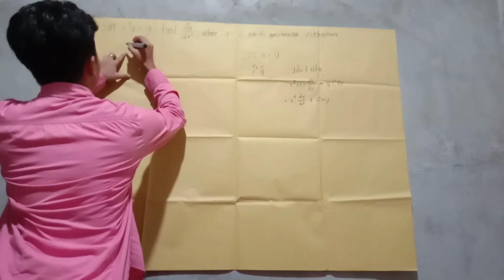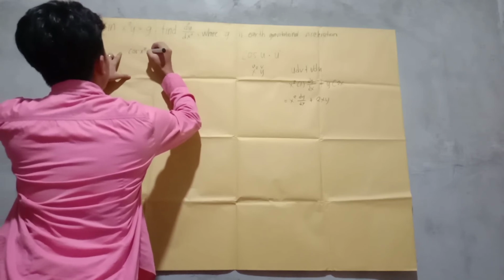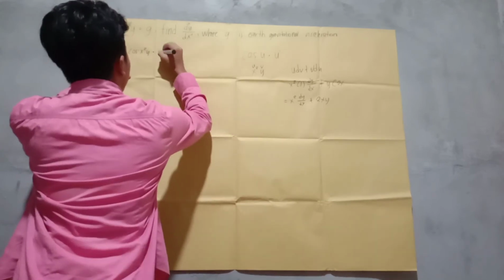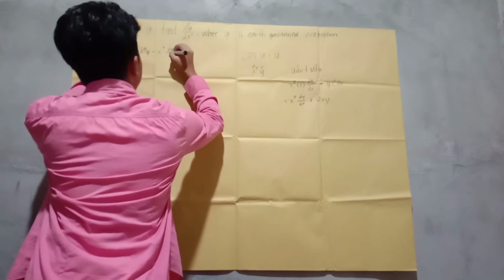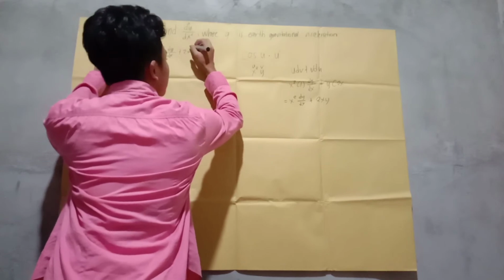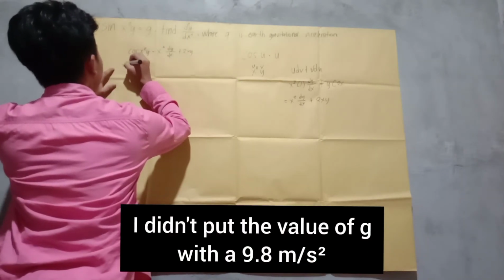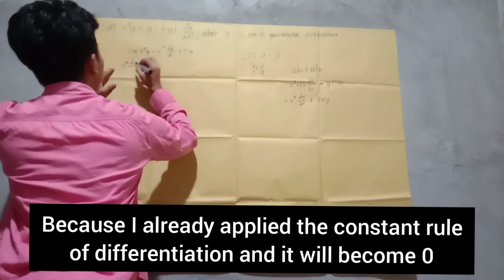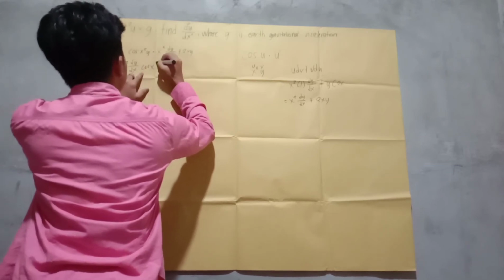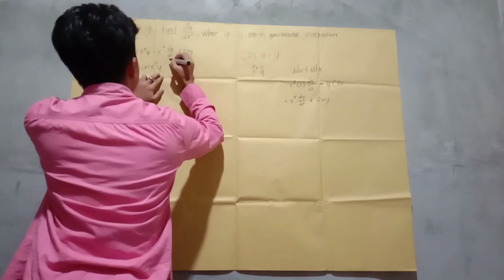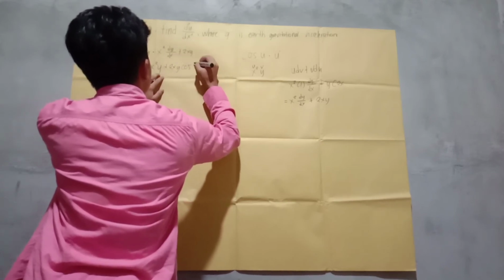So the cosine of x squared y times x squared dy over dx plus 2xy, then x squared dy over dx cosine x squared y plus 2xy cosine x squared y.